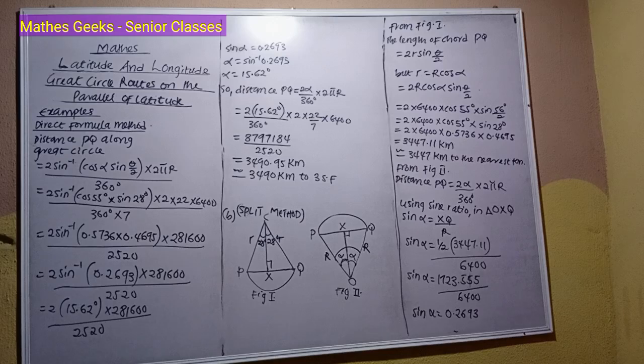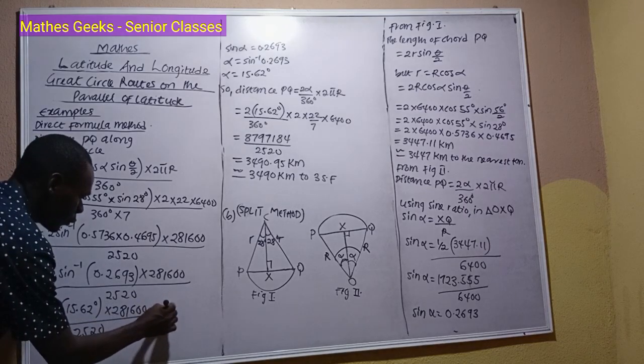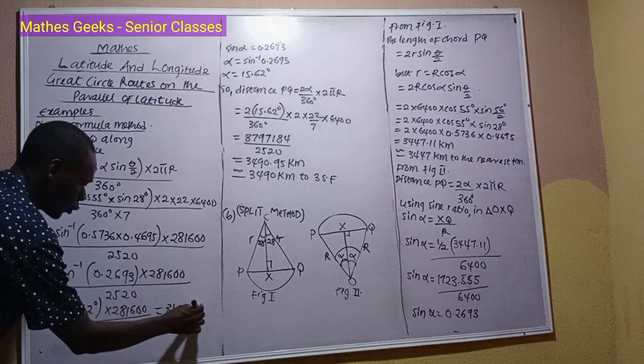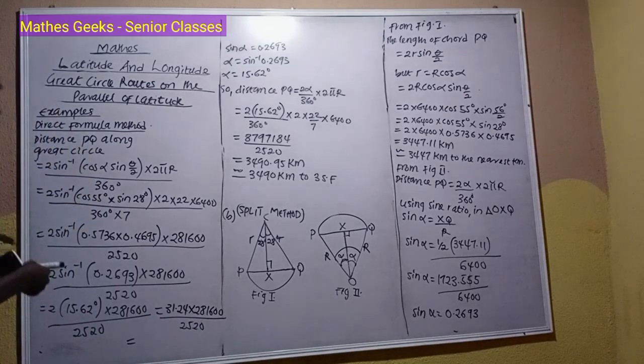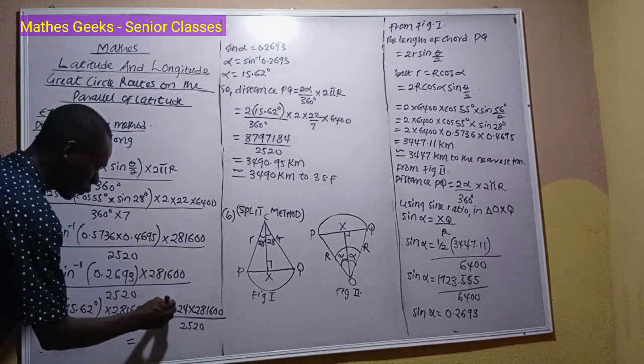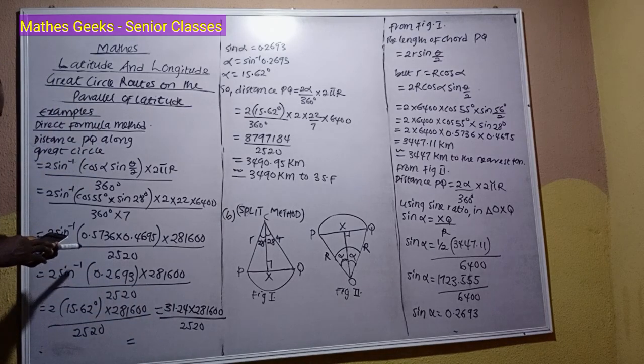So 2 times 15.62 is equal to 31.24, so this will be equal to 31.24 times 281,600 divided by 2520.